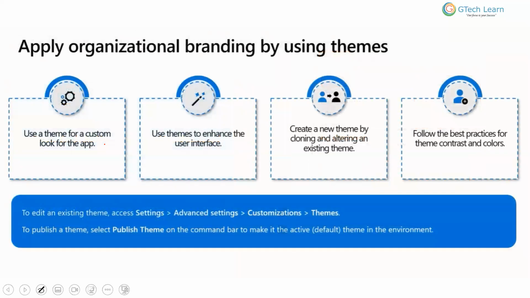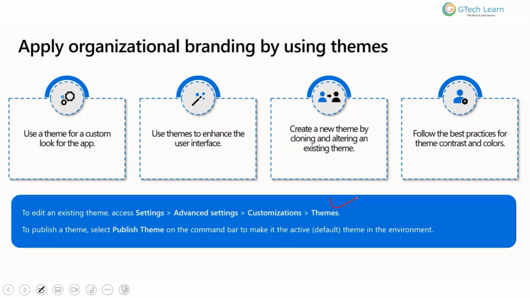Also, when we are talking about creating the app, while creating the app, you can also go for applying some organizational branding. So you can go for customizing your themes for your app. You can specify what is going to be my logo, whether it's for your whole model-driven app, or maybe for each and every entity which I'm selecting for display, or whether I want to change the dashboard's color, or maybe insert the logo on the back end of my app and so on.